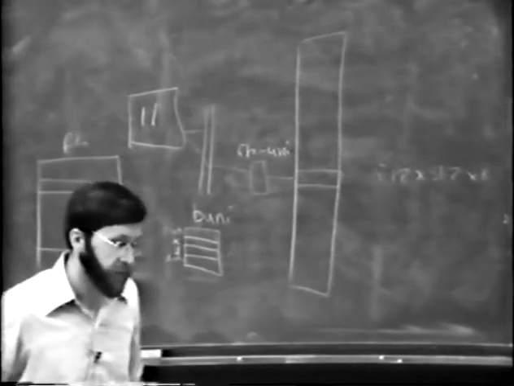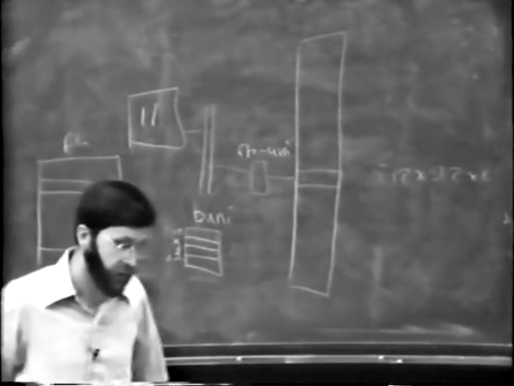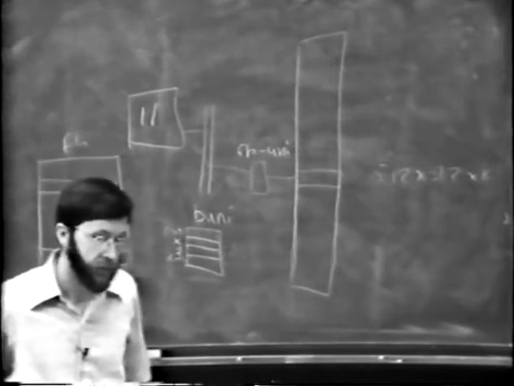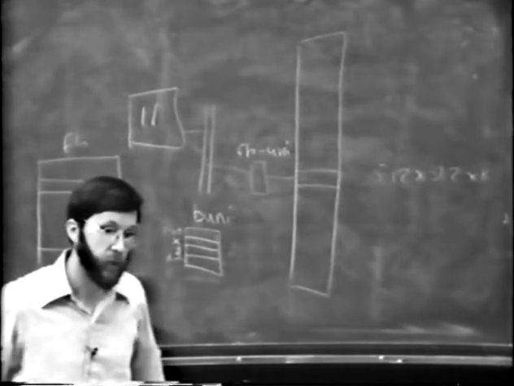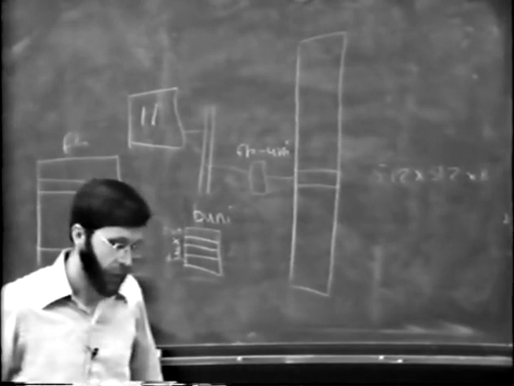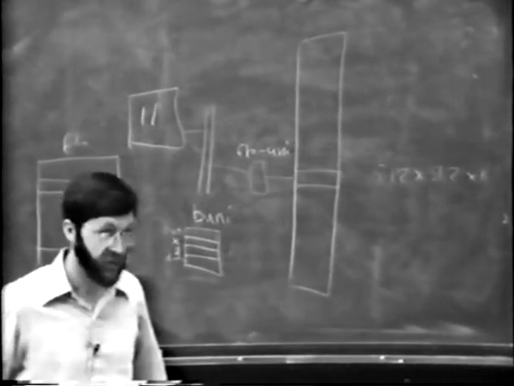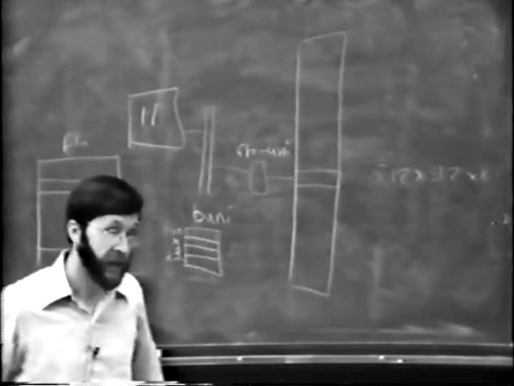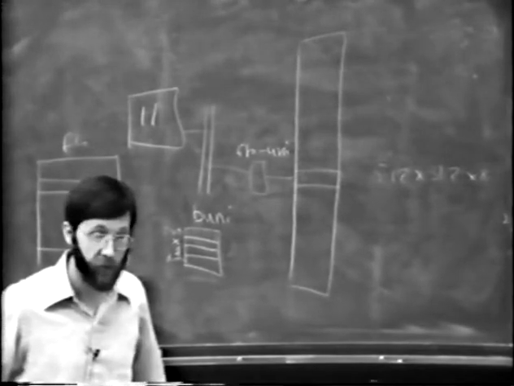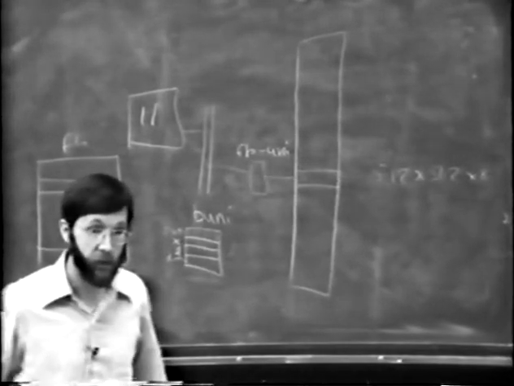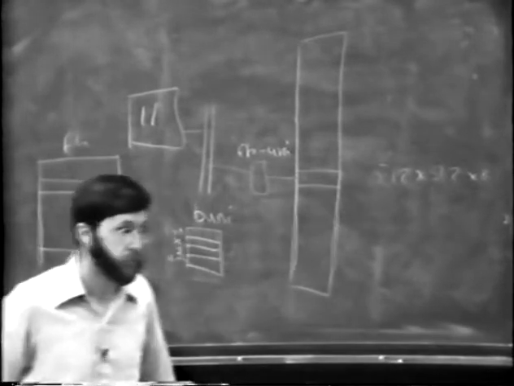The problem with the DMA, incidentally, is that if you are in a time-sharing environment, and frequently people are with frame buffers, you can't initiate the DMA yourself. You have to let the operating system do it. It's not safe for you to do it. And anytime you ask the operating system to do anything for you, you're dead, if you've got to do it lots of times. All right.